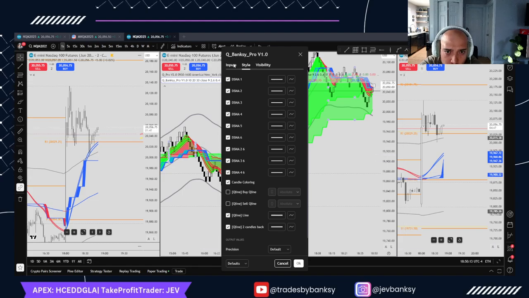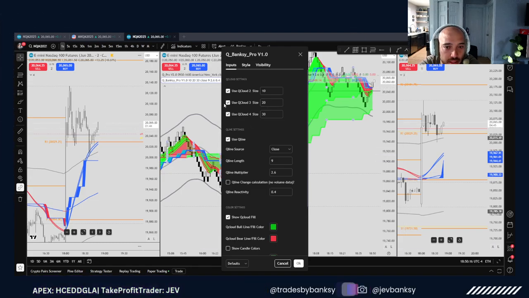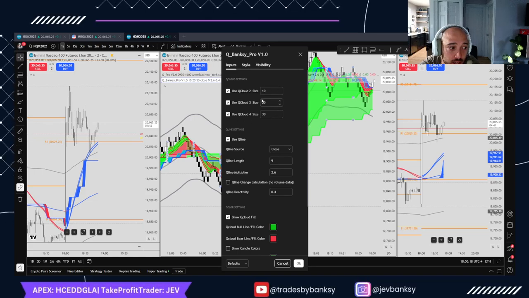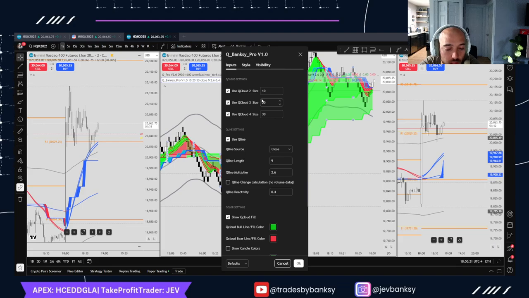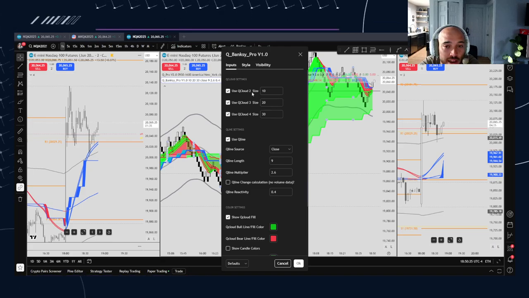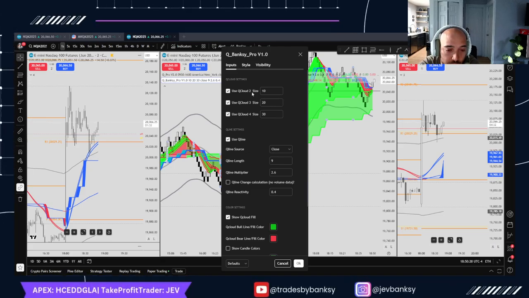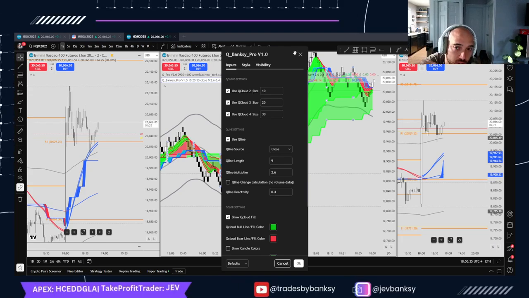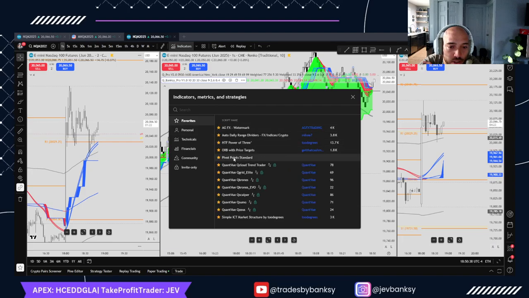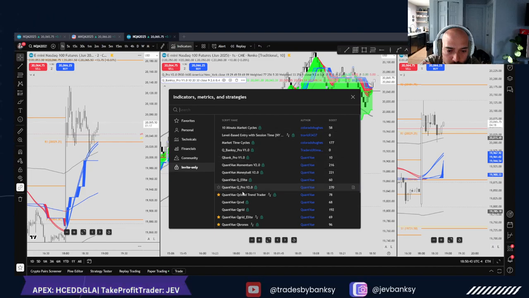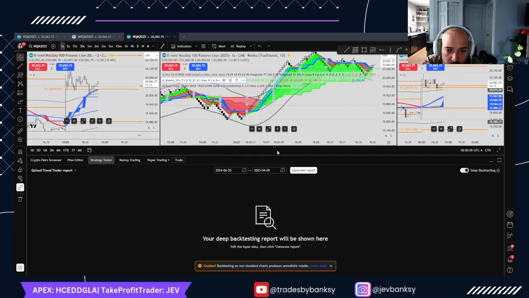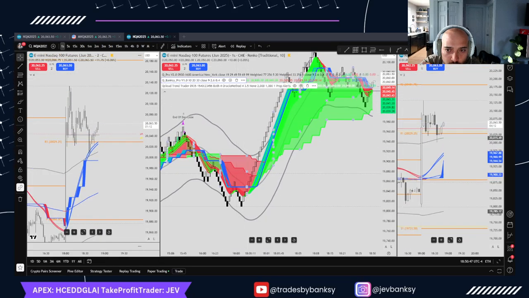So the very first thing I want to put out there is that the way the Q clouds are calculated, it's multiplied by 2 of whatever box size you want, right? So if I'm trading on 10B, and the two Q clouds that I want are 10B and 15, like if you went into the Q cloud trend trader, this was the old setup here.